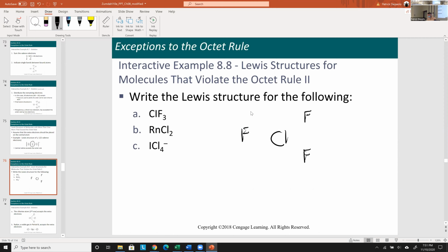So for chlorine's case, you're going to have 7, 1, 2, 3, 4, 5, 6, 7. Fluorine is also going to have 7. So you're going to have basically halogens binding to each other, which is, in this case, semi-stable. So you're going to have single bond, single bond, single bond. The fluorines are happy. That's good.